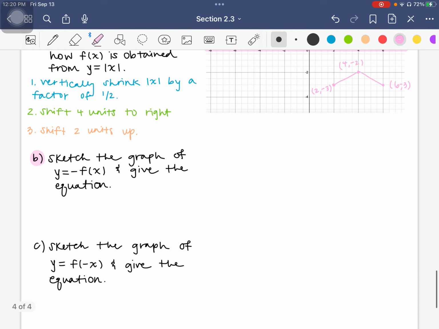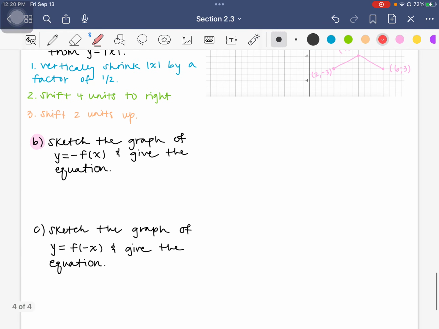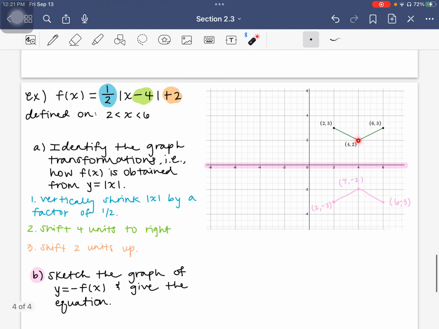Then we want to do the same thing. We want to sketch the graph of our original graph reflected across the y-axis. So now in this case, our output values are not going to change sign, but our input values are. So we're reflecting this guy across our y-axis.